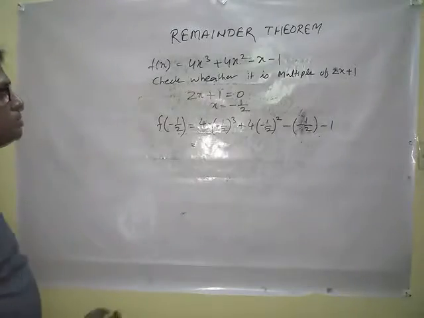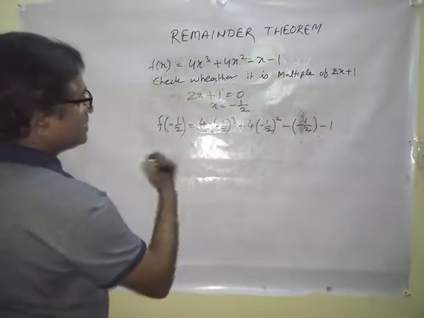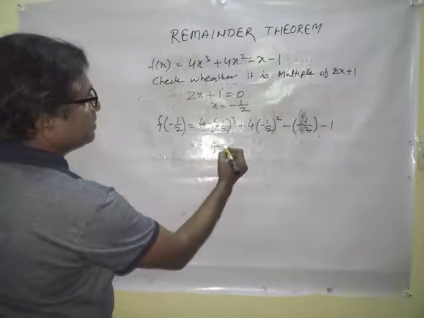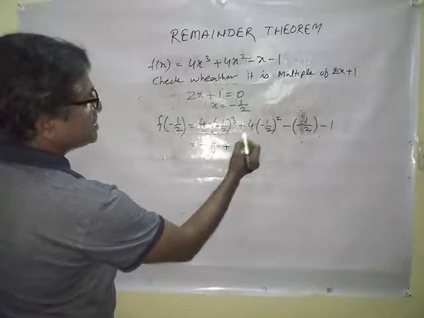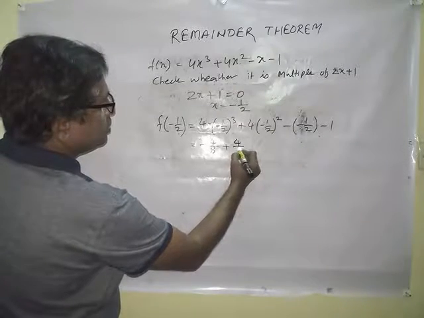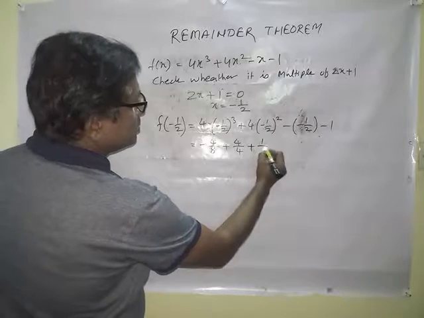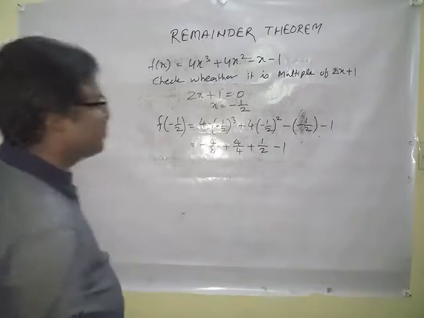So this will become 8, minus sign will carry, minus 4 upon 8, plus 4 upon 4, minus will become plus 1 upon 2 minus 1.